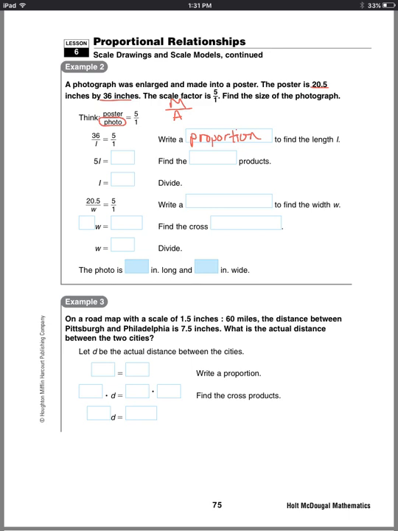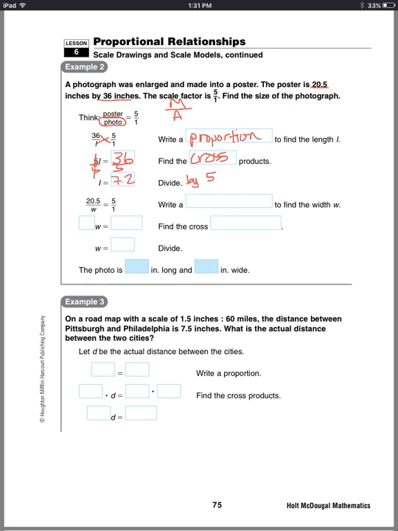So they said 36 over L, which you could have done X or anything, equals 5/1. And then we find the cross products. Okay, so we multiply across. 5 times L is 5L, 36 times 1 is 36. And then we divide by 5 because that is the coefficient. And we bring our L down. 36 divided by 5 is 7.2.